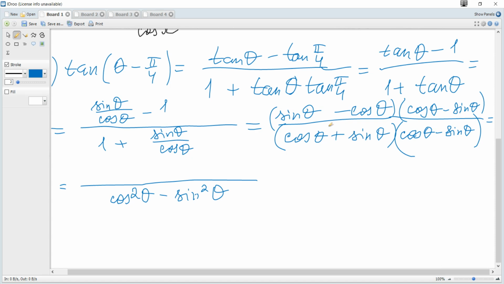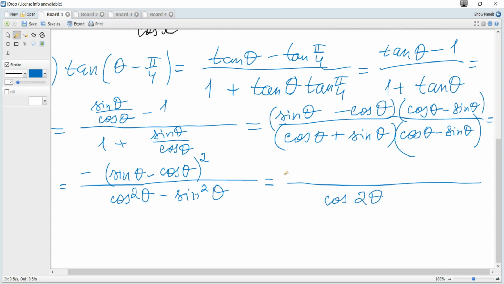And what about the numerator? Definitely we need to expand it, and we can multiply each by each, or we can factor out negative 1, for example, from the second, to get minus sine minus cosine multiplied by sine minus cosine, which is just squared, and it becomes cosine of 2 theta in the denominator, and sine minus cosine squared, it's what?